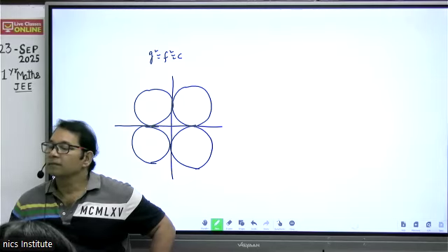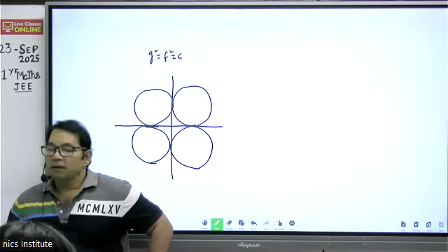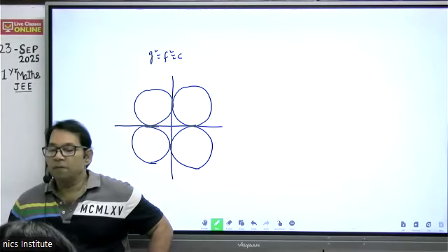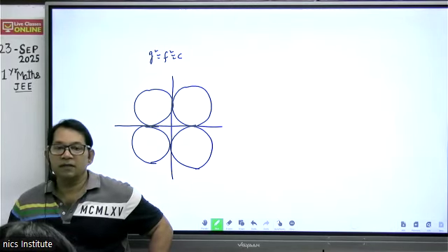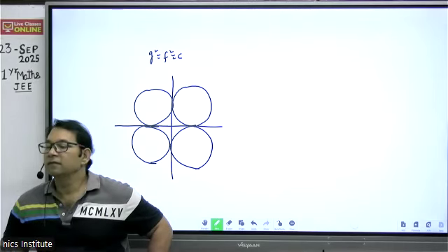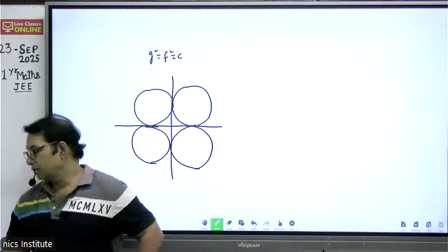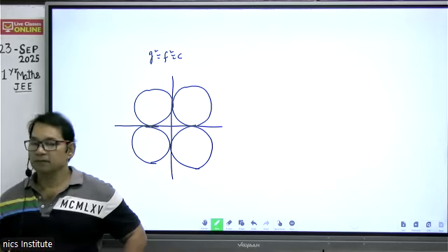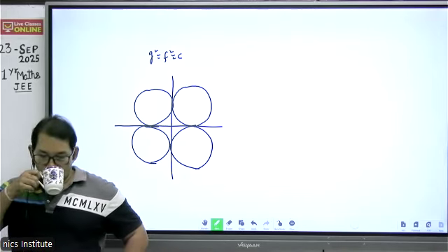Sir, can you repeat once? Equation to the circle which passes through origin, touches x-axis and has radius 5 units.